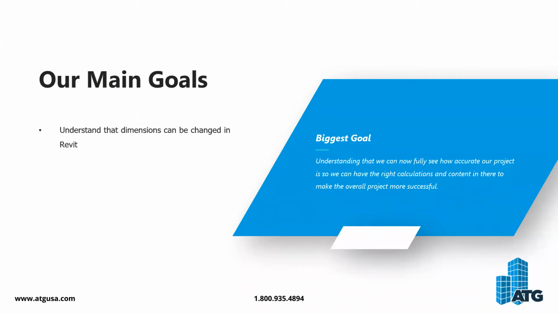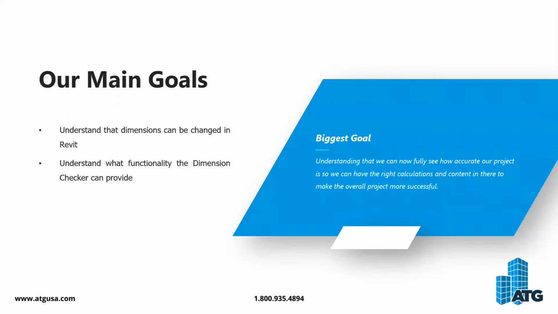The biggest thing we need to know is that dimensions can be changed in Revit. Just like in AutoCAD, dimensions can be changed and adjusted to give false information. We don't want to believe it, but it is possible. So when we're starting out, we need to know what is what.